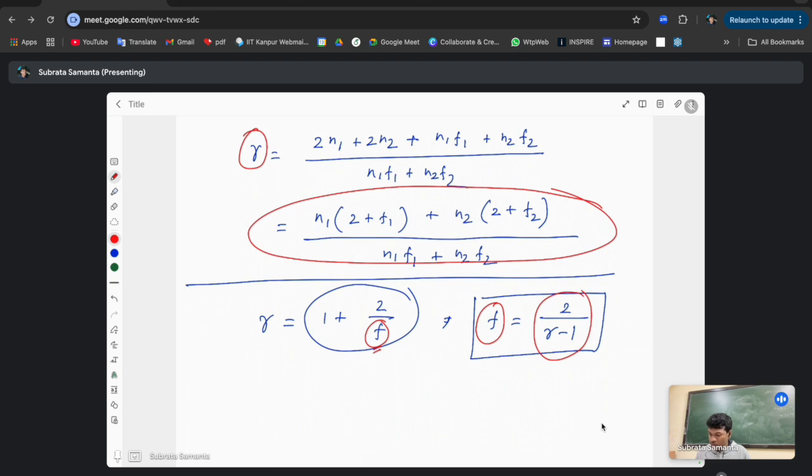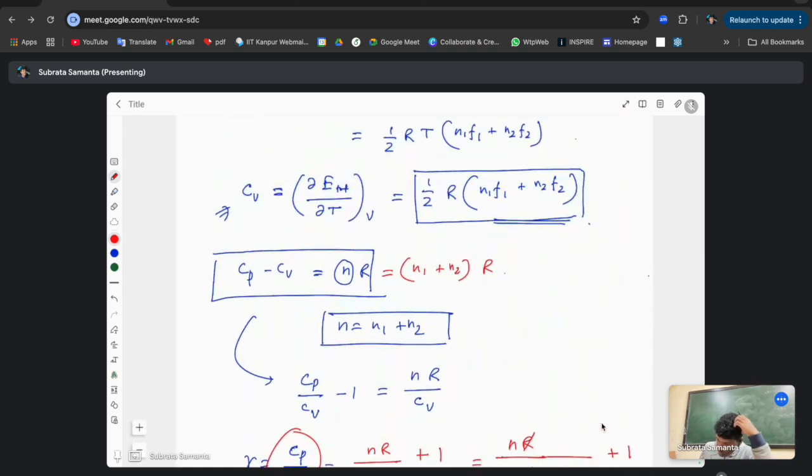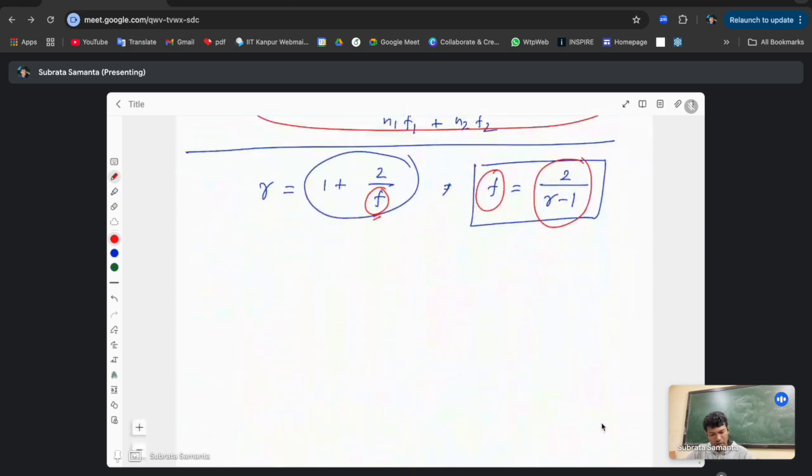So this is basically the general definition. Let me think how to do this. Okay, this thing I can discuss in the next class, the derivation of gamma equals 1 plus 2 by f.